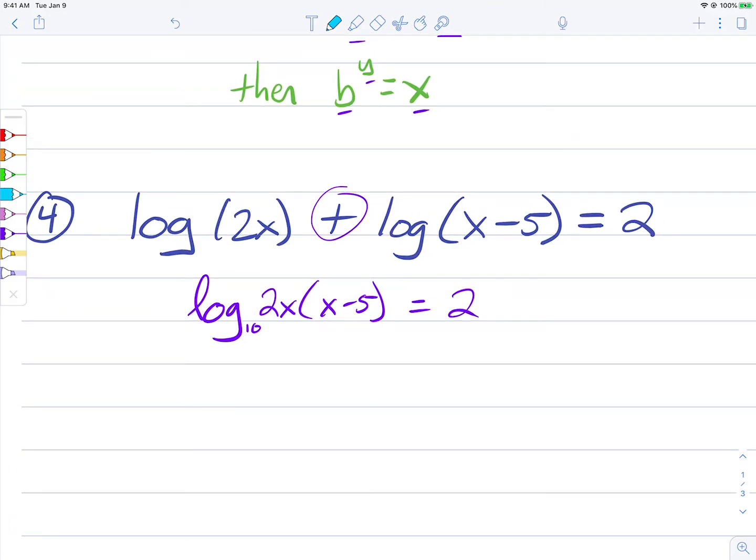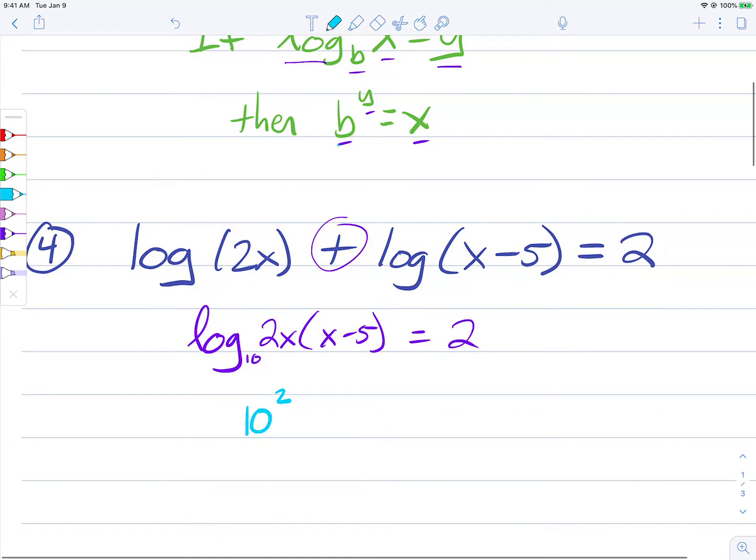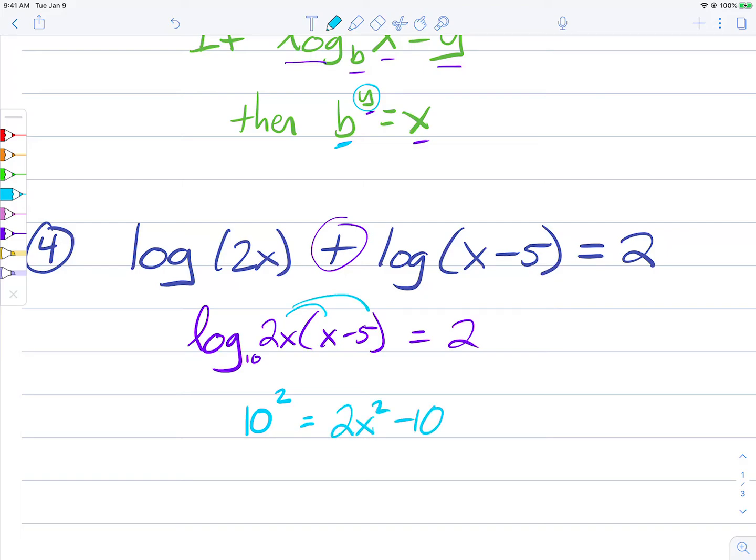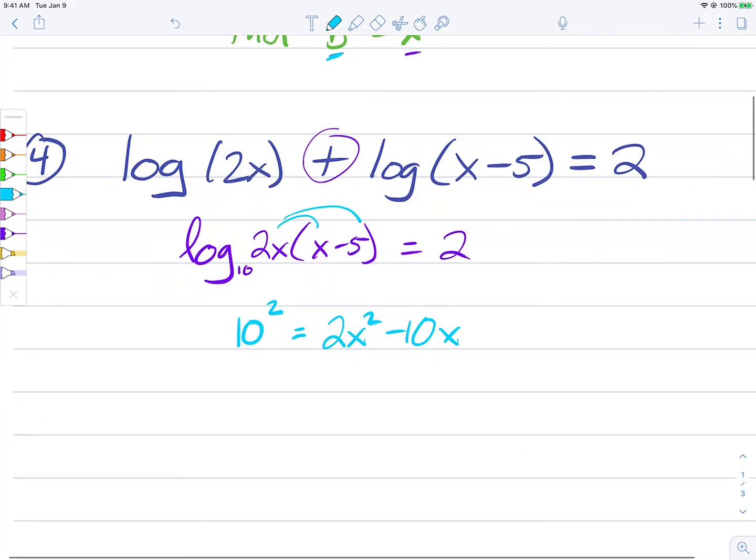So since I need to write this as an exponential equation, I'm going to have 10 to the second power, because if we look up here, it is the base to the, what our answer is, equals, and I'm just actually going to distribute this to 2x squared minus 10x, and it equals 10 squared, also known as 100.